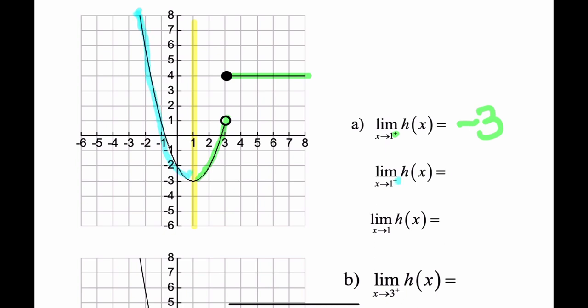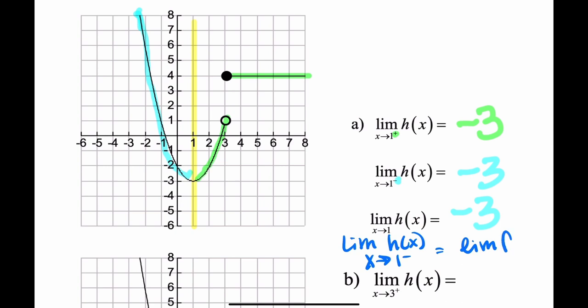And I meet at the exact same y value of -3. Both sides match, so I know my limit of h of x as x approaches 1 is -3. And you already know I'm going to write this justification. Oops, this is in h of x. Make sure your notation is always correct. Beautiful.